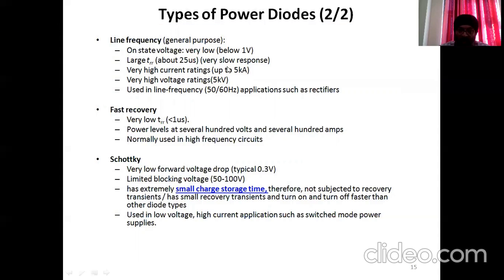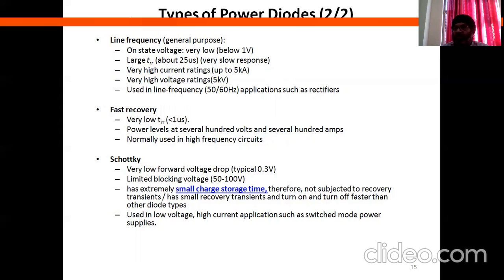But these line frequency diodes can have a high current rating, because they are slow in nature and have very small threshold voltage. They can have high current ratings, meaning larger current density. Very high voltage ratings, meaning the doping levels can be increased.